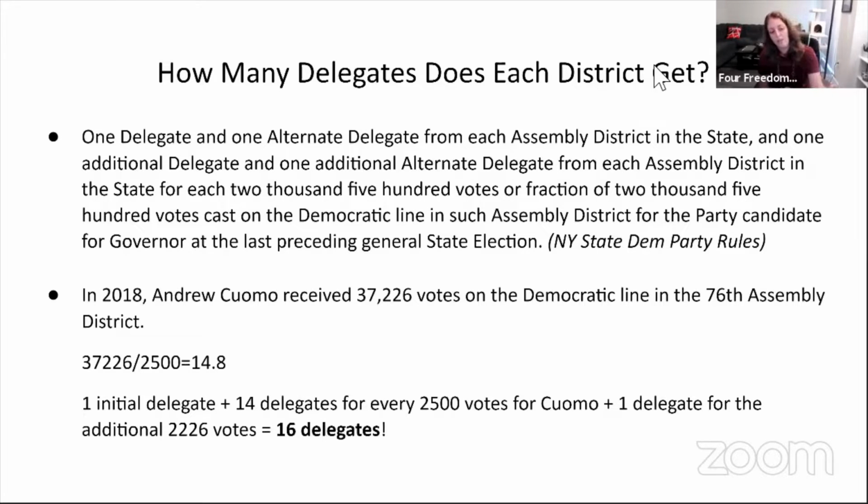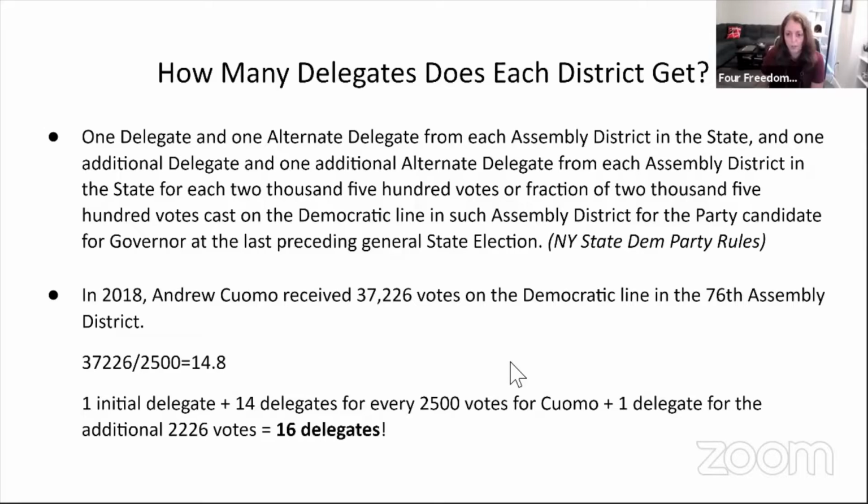So he got 37,226. We divide that by 2,500, we get 14.8. So we get another 14 delegates plus 1 more delegate for that 0.8 that's sitting there. And so when you add them all up, that's 16 delegates. And that's how many delegates and alternates the 76th Assembly District has.